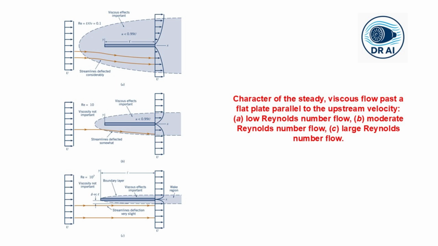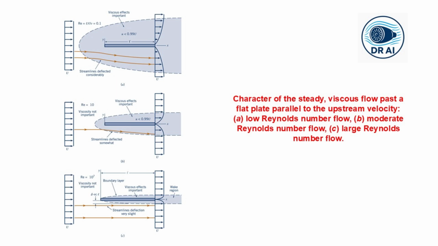Viscous effects are negligible everywhere except in two places. What are the two places? The first is a very thin region next to the plate called a boundary layer. Here, the velocity changes from zero at the wall, which is called the no-slip condition, to nearly the free stream velocity. The thickness delta grows with the distance x from the leading edge but remains much smaller than the plate length.